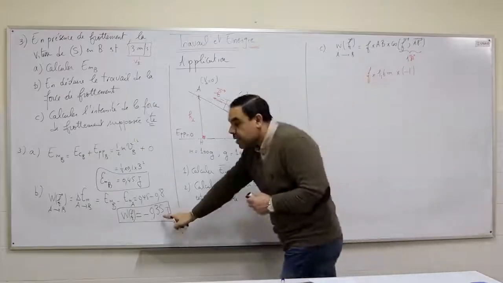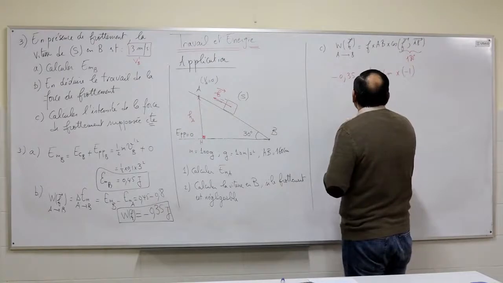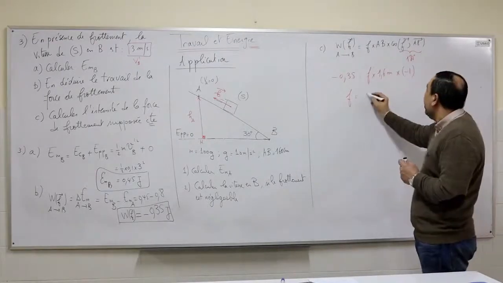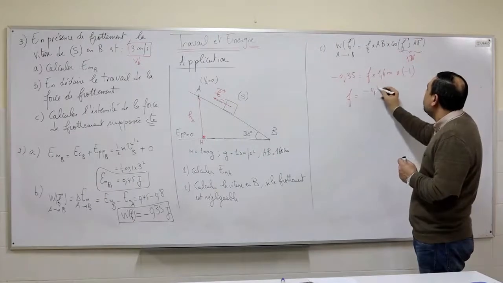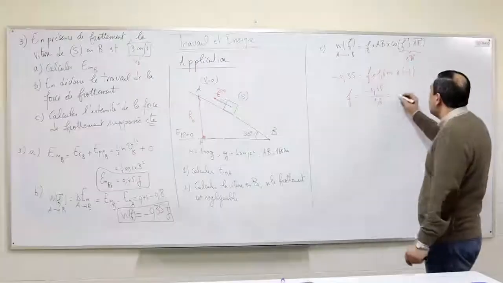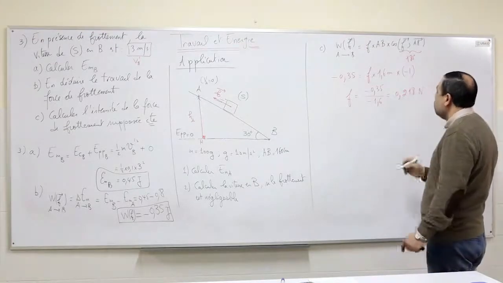And the work of the friction is minus 0.35. Then F is equal to minus 0.35 over minus 1.6. The answer is 0.218 newtons.